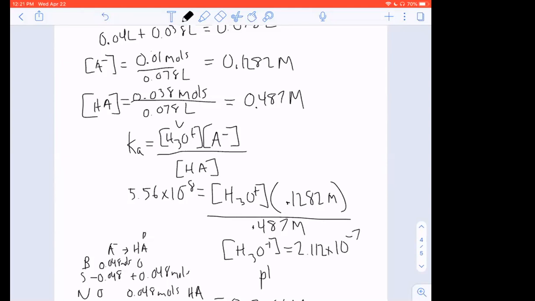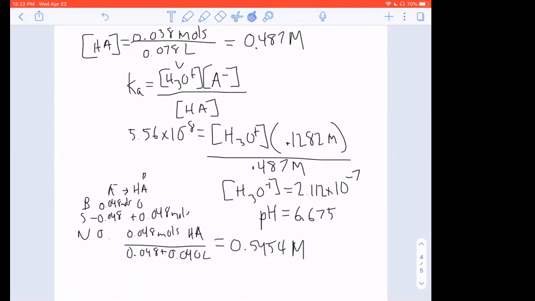The pH is then just the negative log of that, which equals 6.675. If you notice, that's the exact same answer we got the other way too. So both ways work, and that's the way you can check it. Does that make more sense?